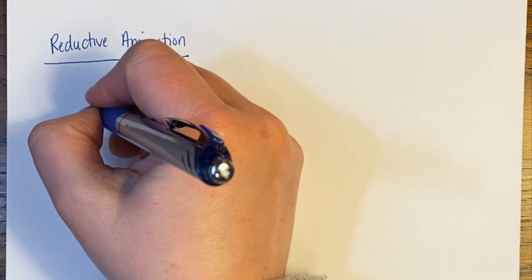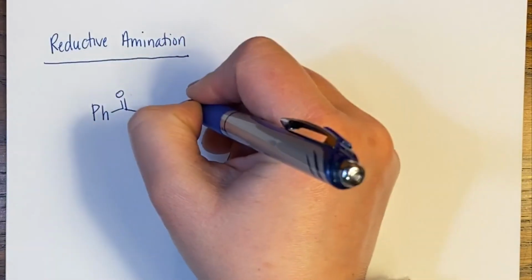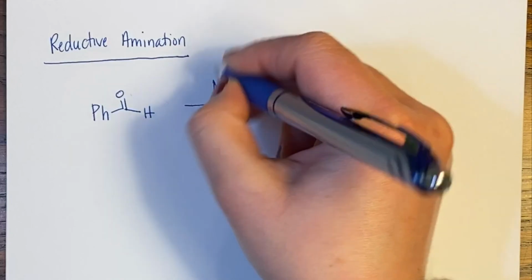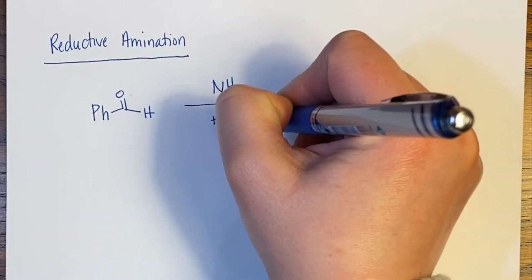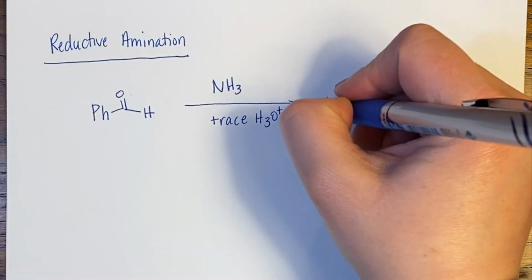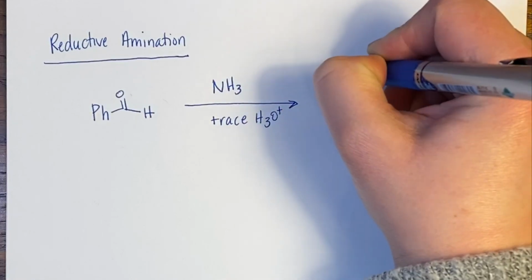If I have an aldehyde like benzaldehyde, and I treat benzaldehyde with ammonia in the presence of acid, so in the presence of trace H3O+, the goal of my reaction would be to make an imine that looks like this.